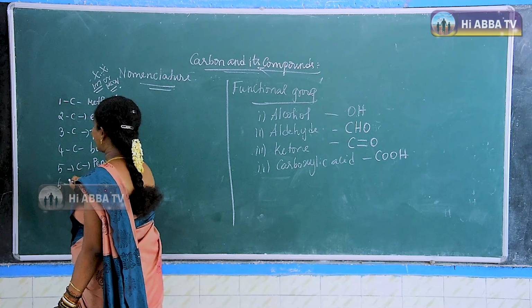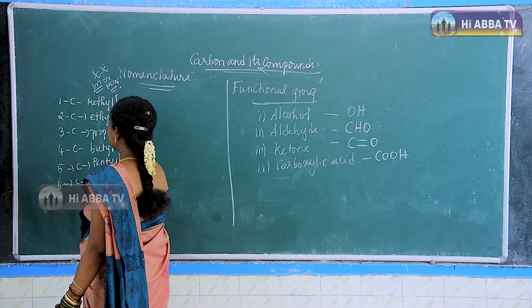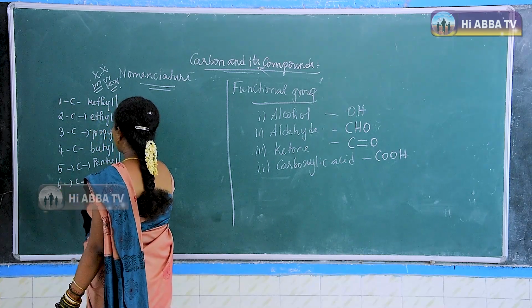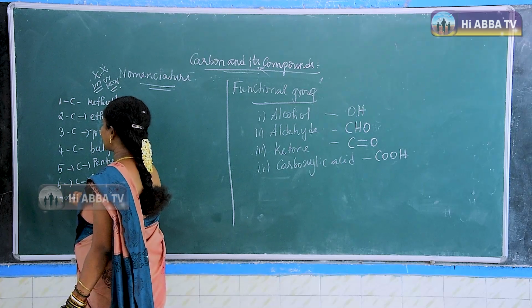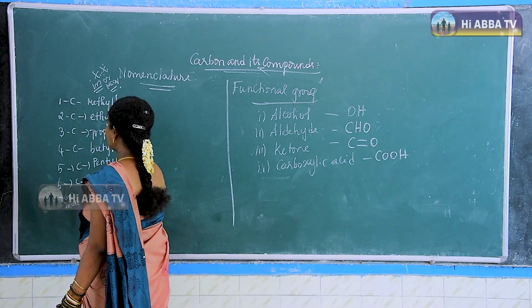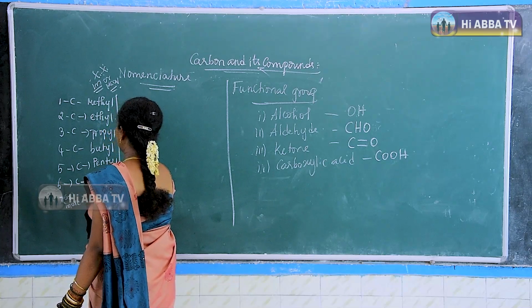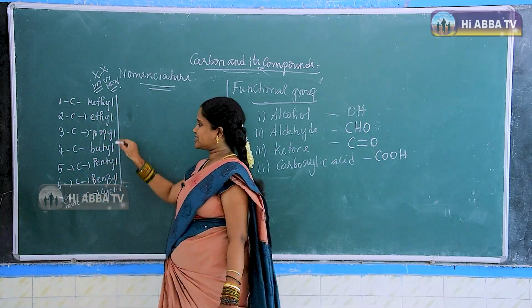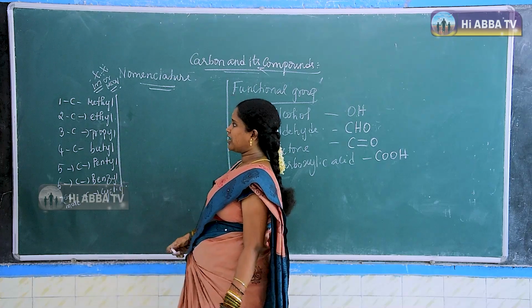And 6 carbon, benzyl. And 7 or more than 7 carbon, we used to tell that as cyclic structure. You just note this at the side.